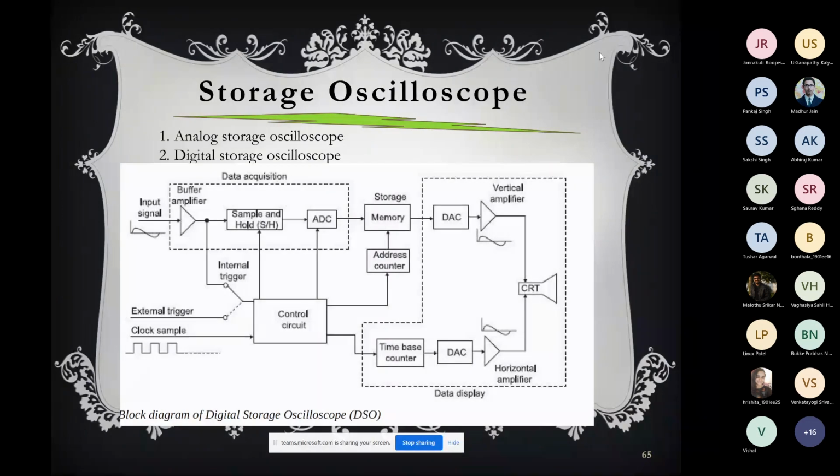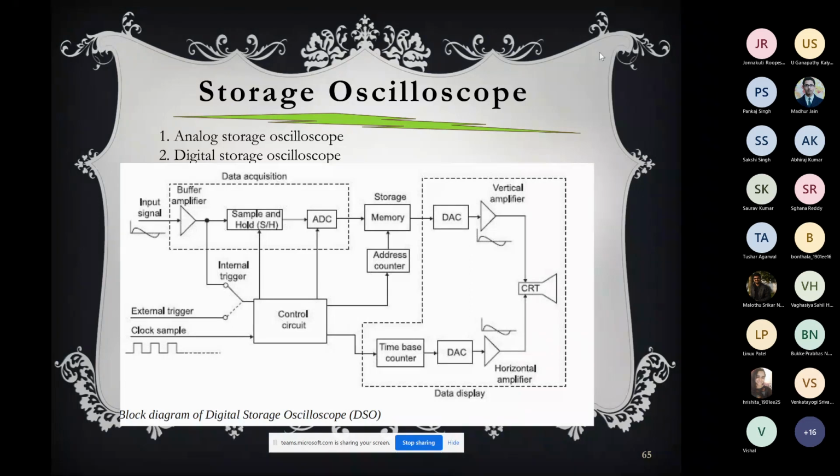Now the DSO, digital storage oscilloscope, is very popular. I was saying that in lab 101, all of you are using it because you like it. That instrument can not only display, it can also store the waveform values with time. So how can it do it? Let's see this block diagram.